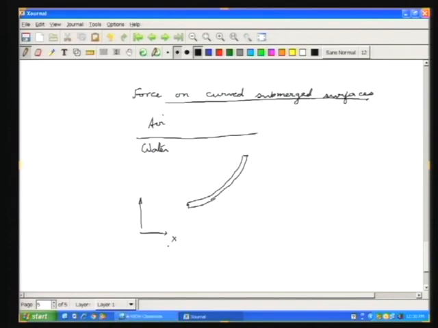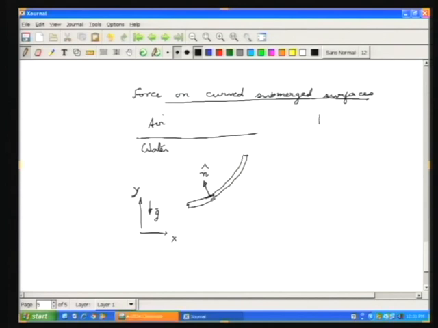Now, suppose I say this is x and this is y. According to this coordinate system, g y will be minus g and g x will be 0, because the gravity vector is this way. Now, if I take a small area element on the upper surface and I say the normal to this is n, and I will put this caret sign or hat sign to indicate that it is a unit vector.